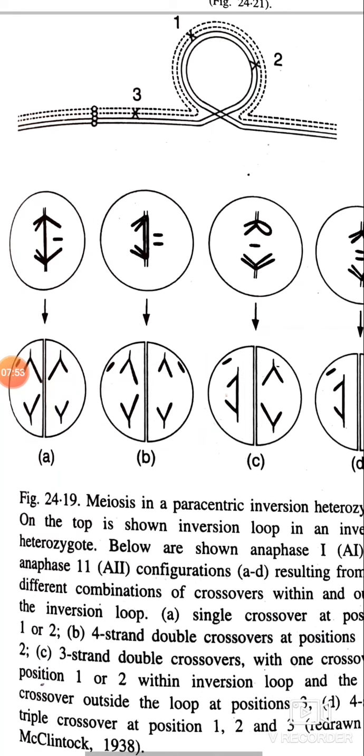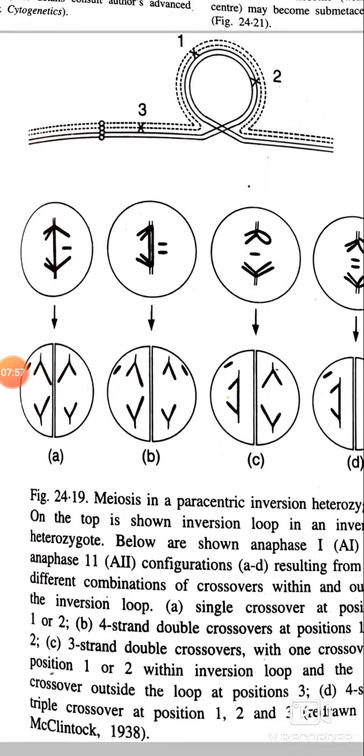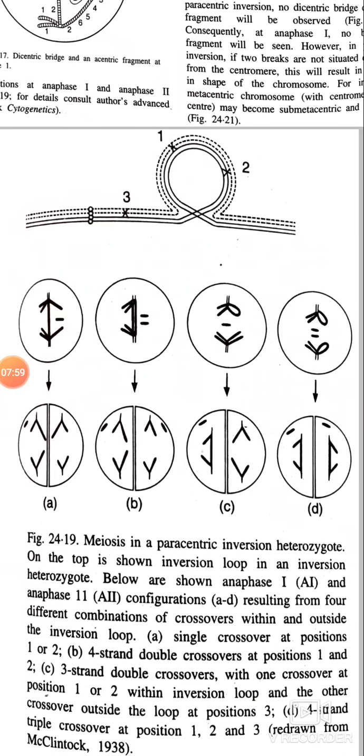And now in this diagram, meiosis in a paracentric inversion heterozygote. On the top is shown the inversion loop in an inversion heterozygote.